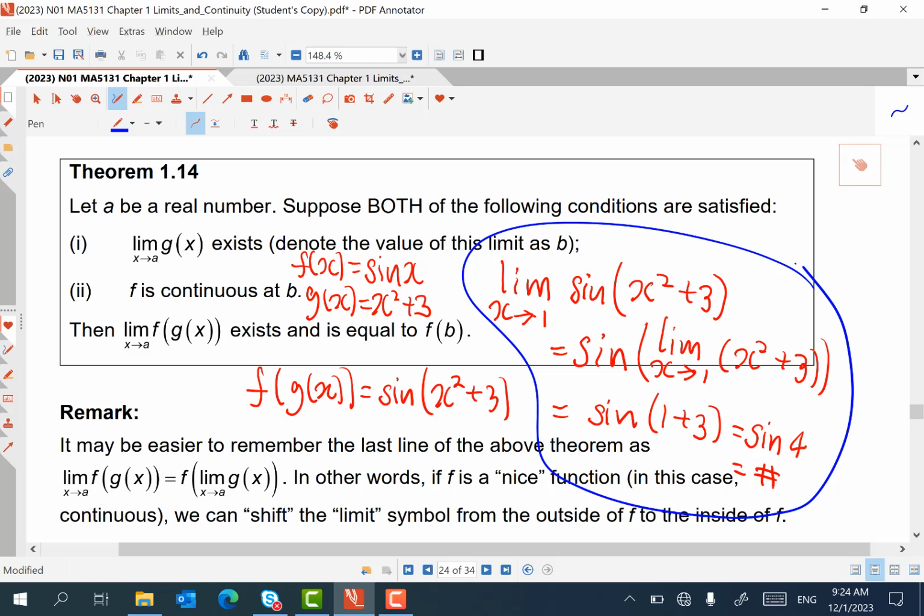There are certain things that we think are obvious, but it's not. This thing actually requires a bit of justification. So the only condition for this is the inside function must be continuous. No, the outside function. Function f, oh, f is outside. And the limit inside must exist. The limit inside must exist and the function outside must be continuous. So the inside does not have to be continuous.